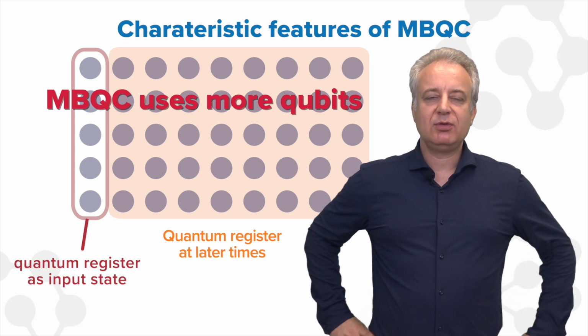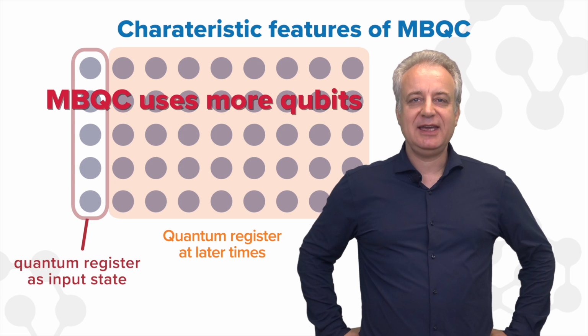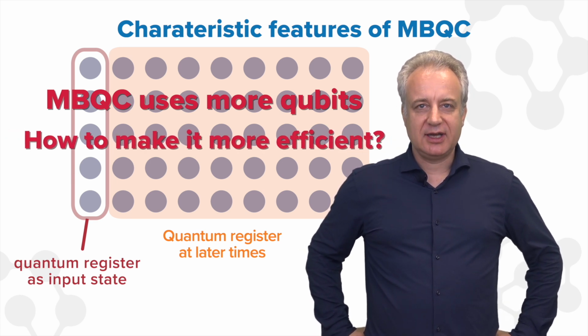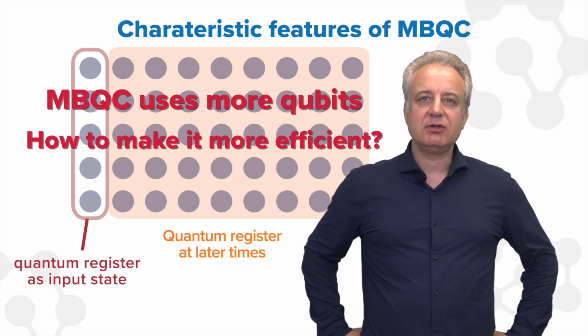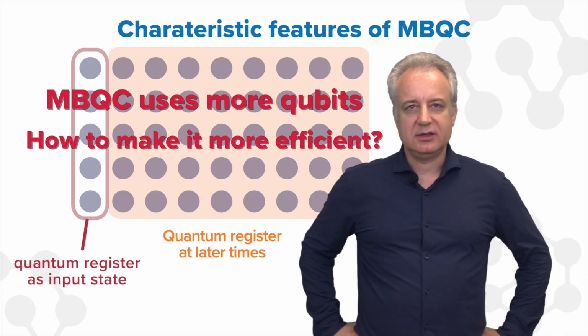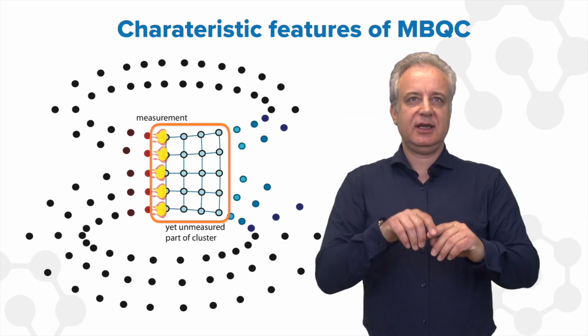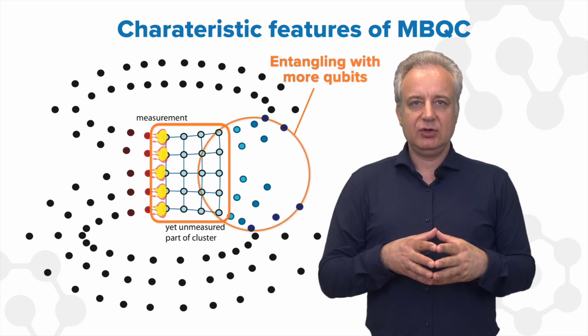Now comes a qualification to what I just said. You can make measurement-based quantum computation more efficient. You can reduce the qubit count to maybe twice of what you have in the circuit model, if you want to. And it goes like this. Here you have your cluster state. Here you make it longer by entangling more qubits in it.